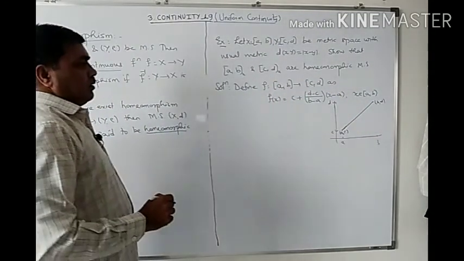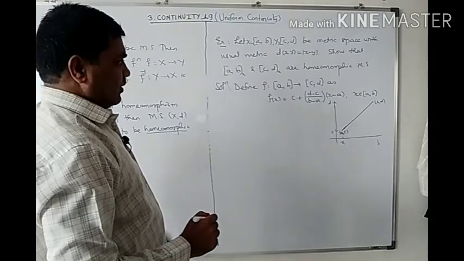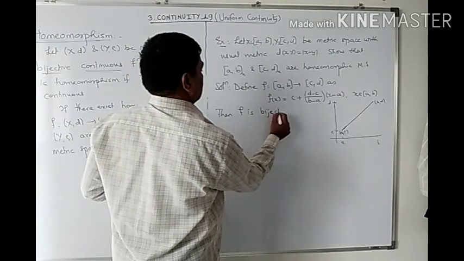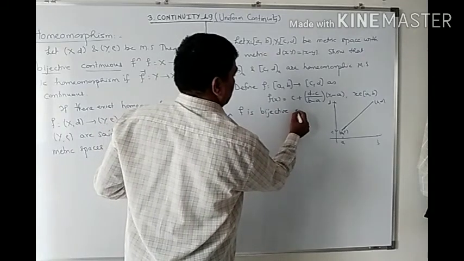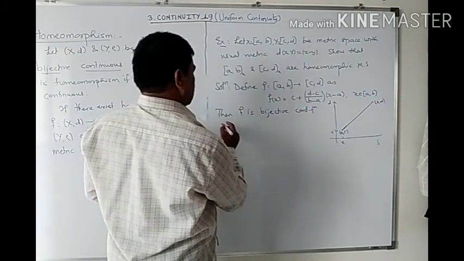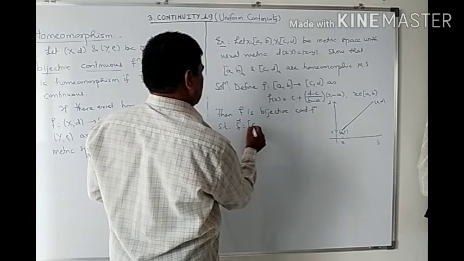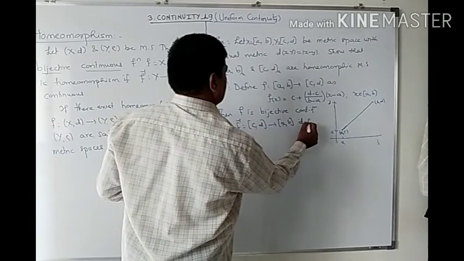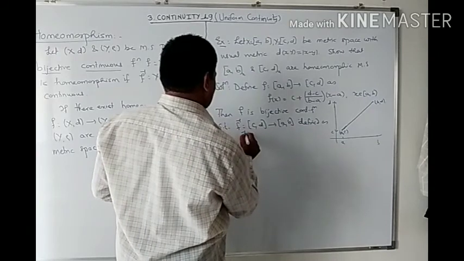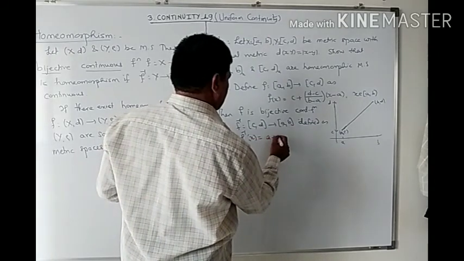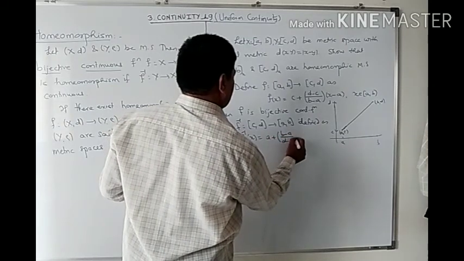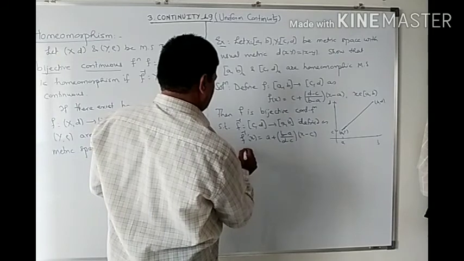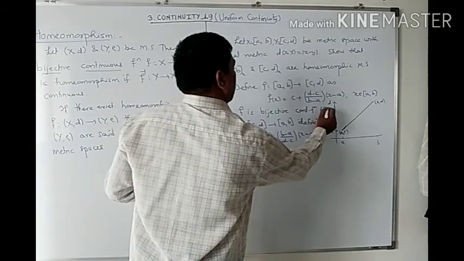So this is a bijective function. Then f is a bijective continuous function such that f inverse from [c, d] to [a, b], defined as f inverse(x) = a + (b − a)/(d − c) times (x − c), is continuous.